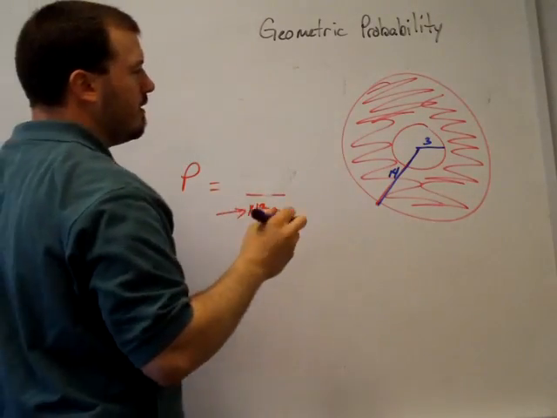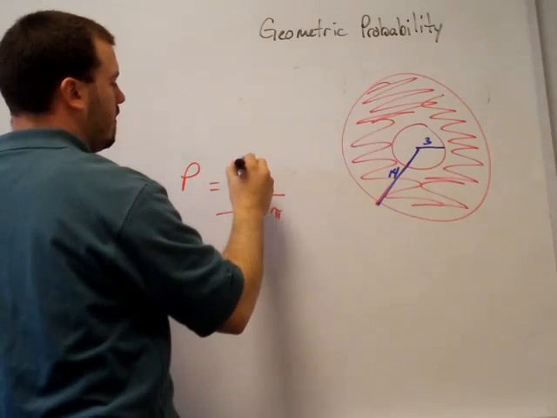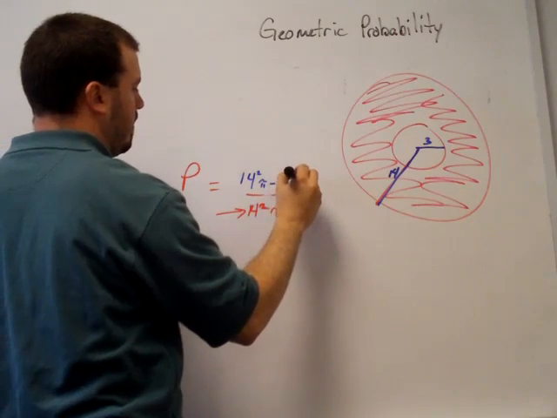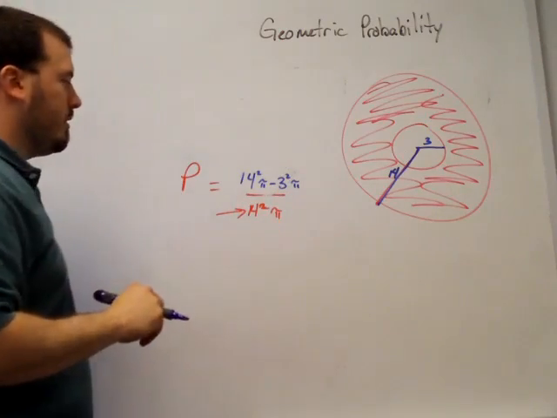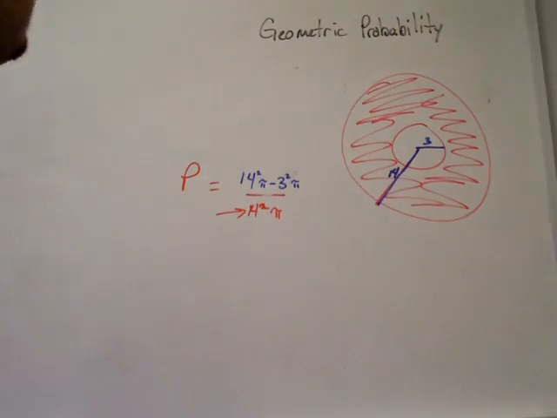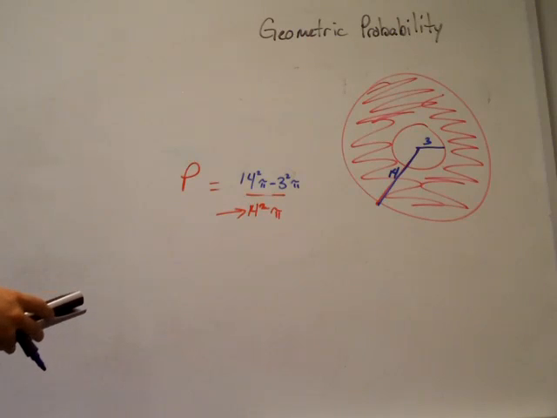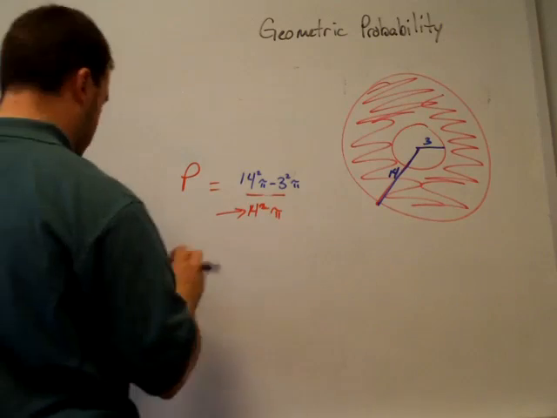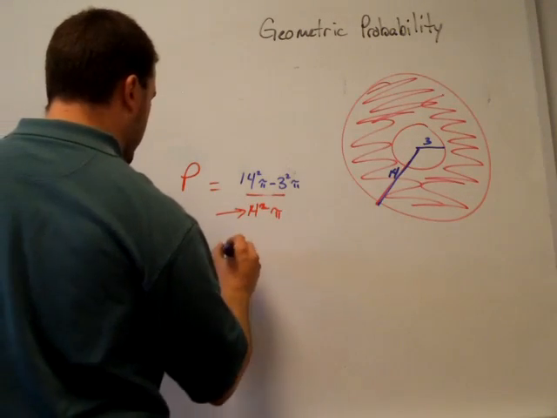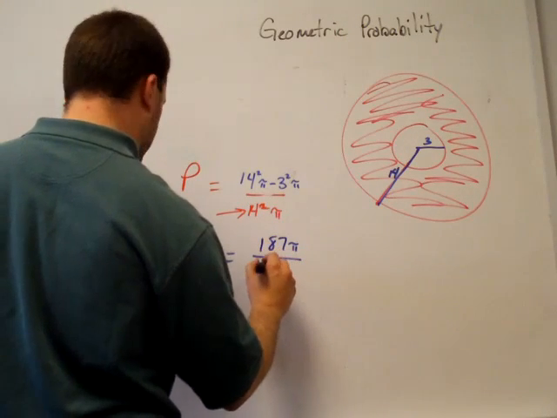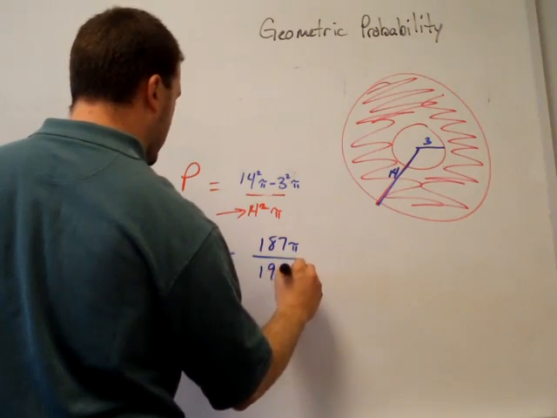Our successful places is the rest of the circle. So that's actually 14 squared pi minus 3 squared pi. So we could do a little bit of simplifying. It's 14 squared, 196, minus 9. So we would have 187 pi over 196 pi.